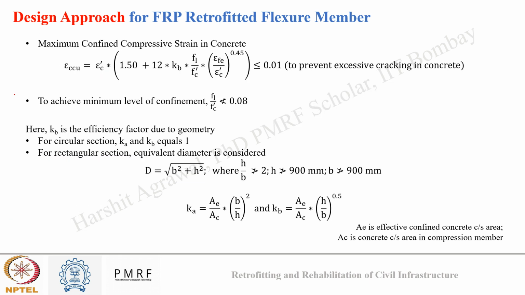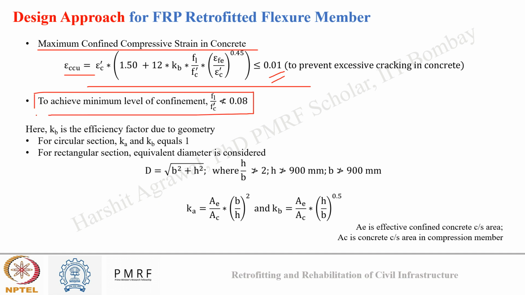And the maximum strain epsilon CCU is determined by this equation, and it should be less than 0.01. So to prevent excessive cracking in concrete, and to achieve a minimum lateral level of confinement, we need to follow this relationship also. Here Kb is again the efficiency factor due to geometry. For a circular section, both K and Kb are equal to 1.